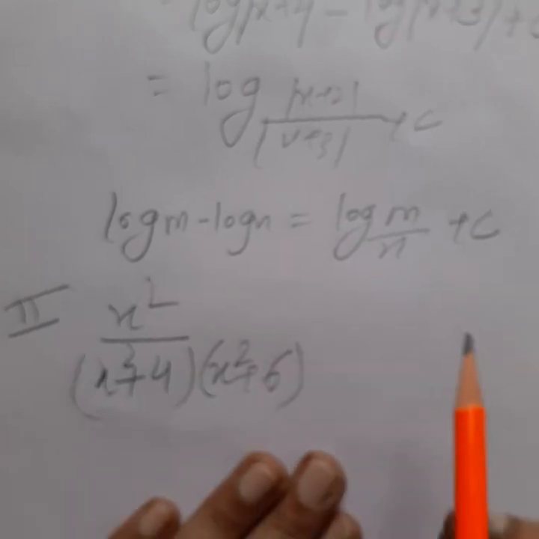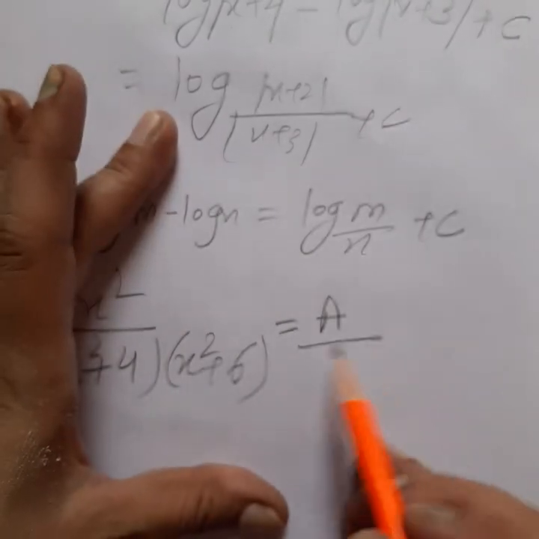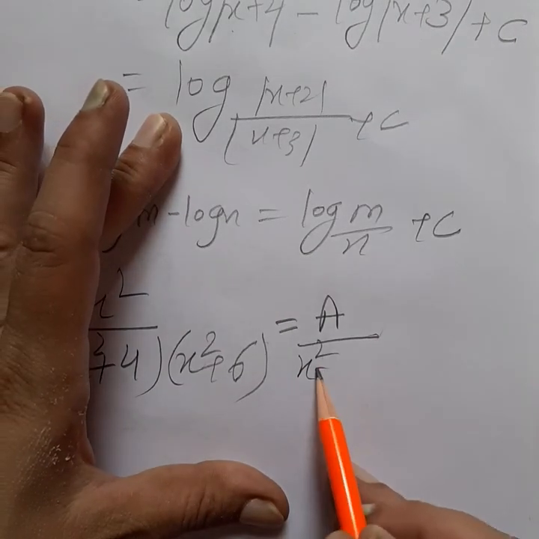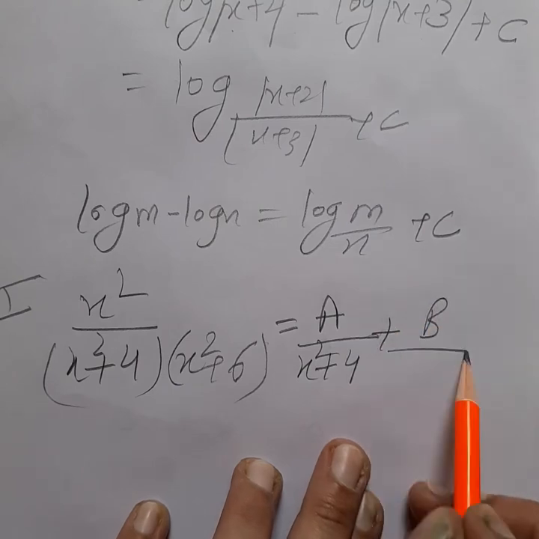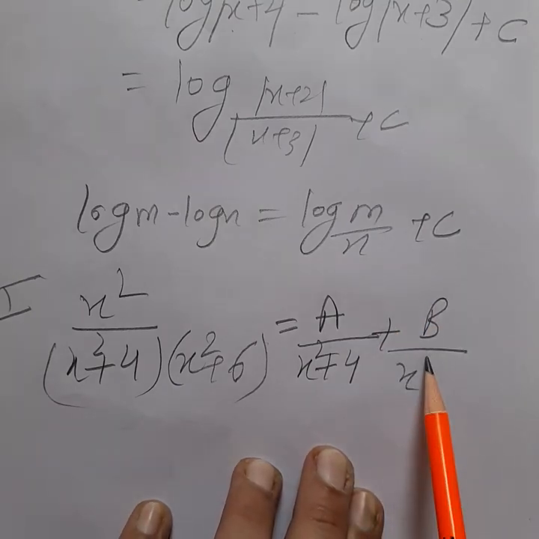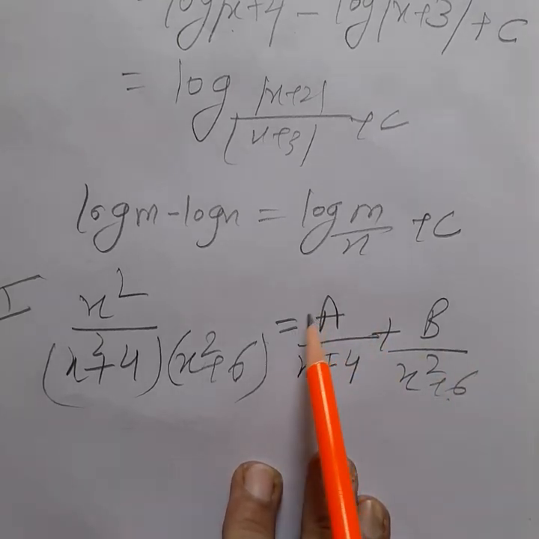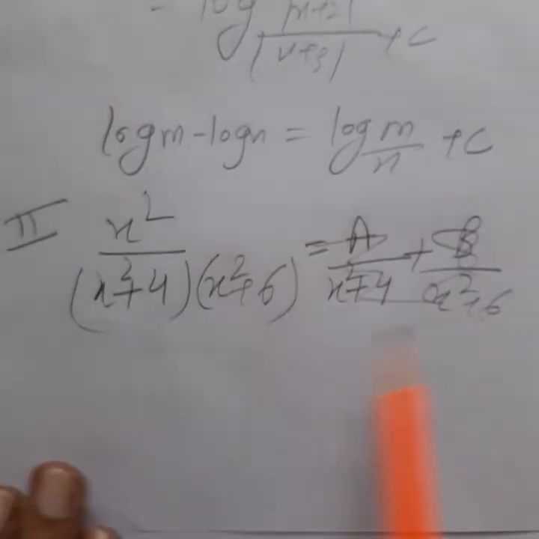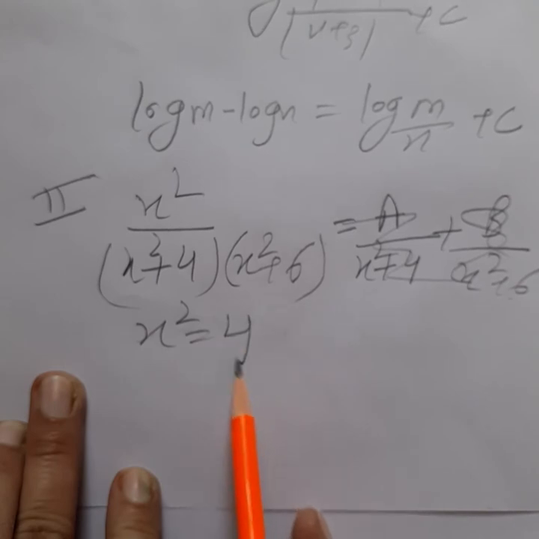Okay, then we can write it in this form: a upon x square plus 4 and plus b upon x square plus 6. To avoid this problem, we can write x square is equal to y.